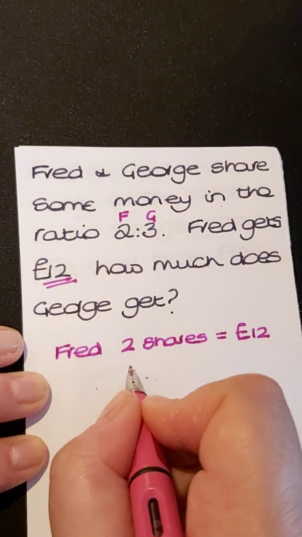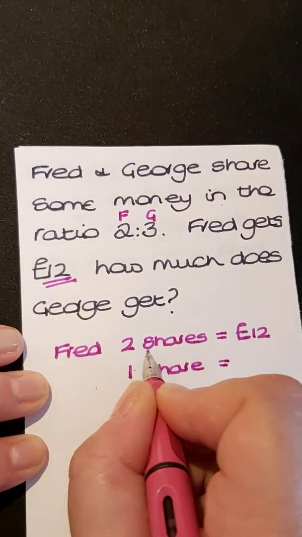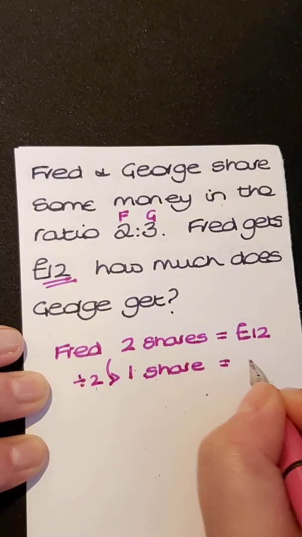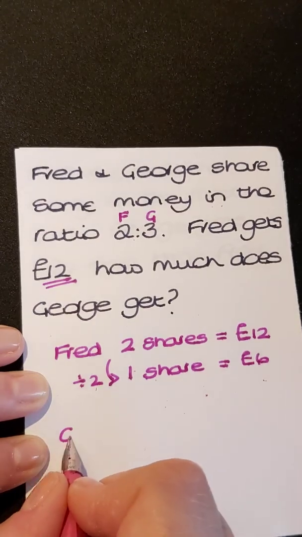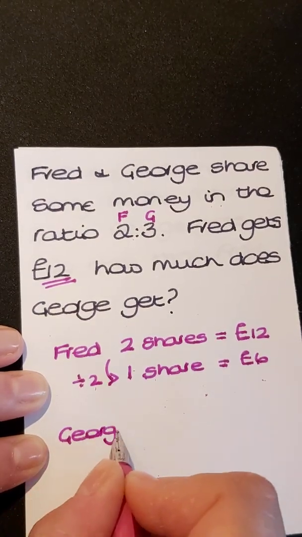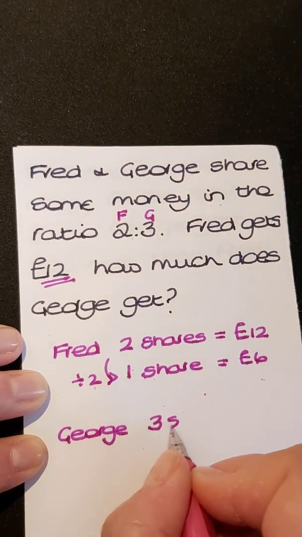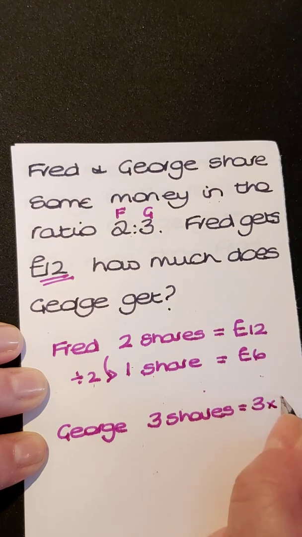So I can work out what one share, one piece of that ratio is, because if 2 is worth 12, 1, I'd get that by dividing it by 2, would be 6. Now George, he gets 3 shares because that tells me the ratio number there. Okay, so 3 shares, 3 times 6, which is 18.